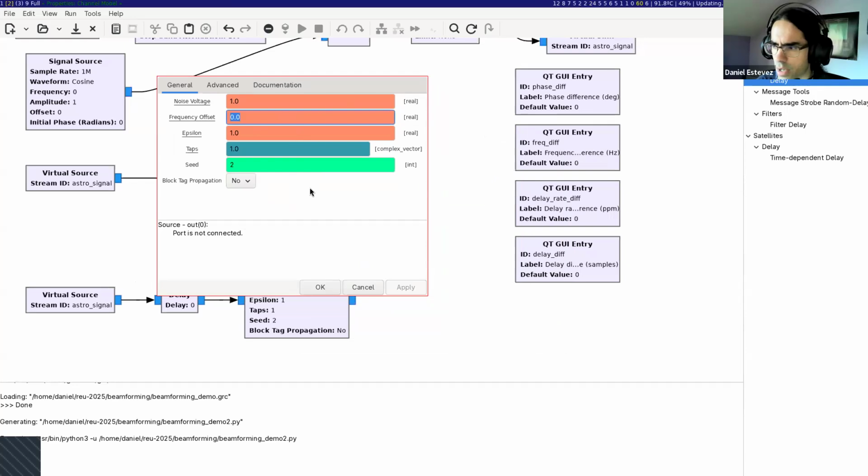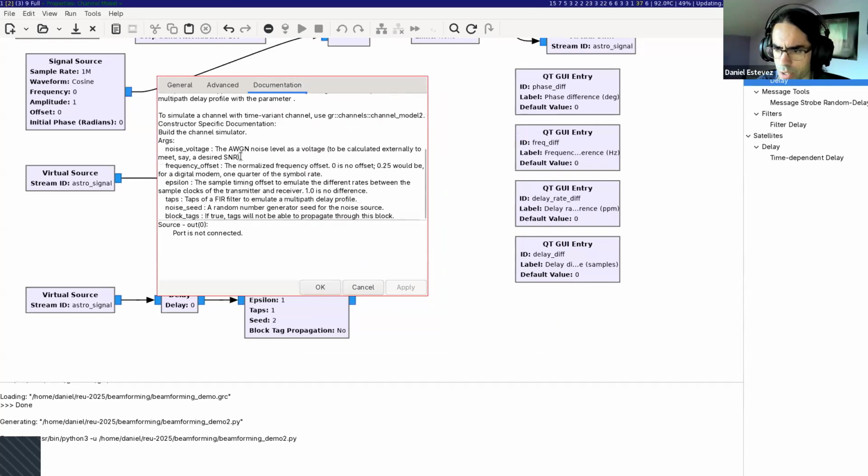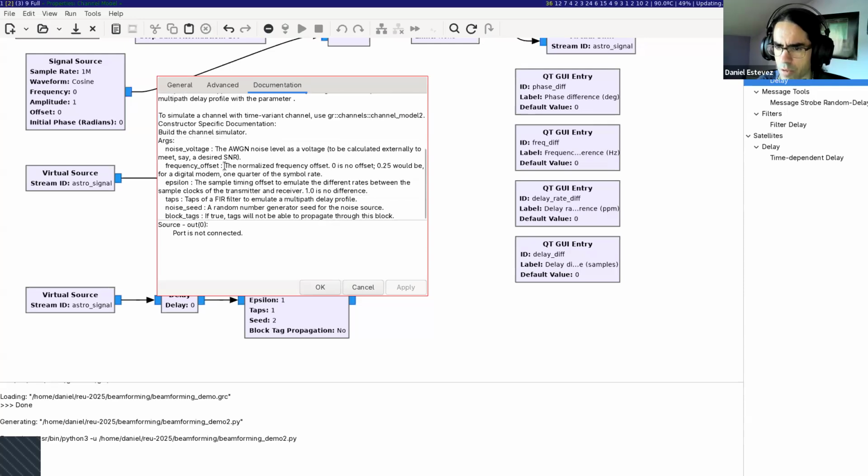So let's see the frequency offset. We always need to look at the documentation to see what the units are. And this is somewhat confusing in this documentation because it says the frequency offset is normalized to the symbol rate. So for example, it says 0.25 would be 1/4 of the symbol rate.